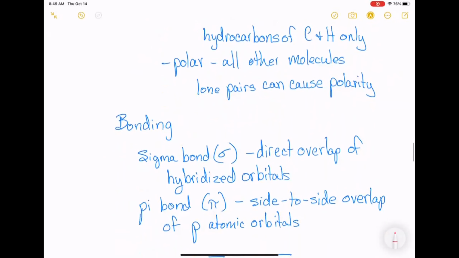And that is when we were looking at the valence bond theory video, you were introduced to the concept of sigma and pi bonds.